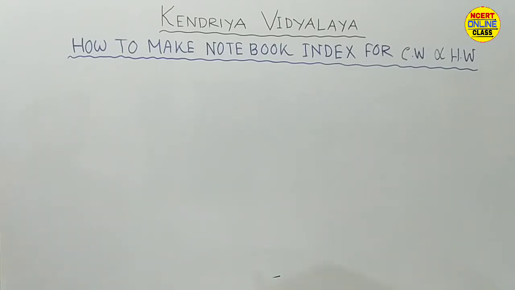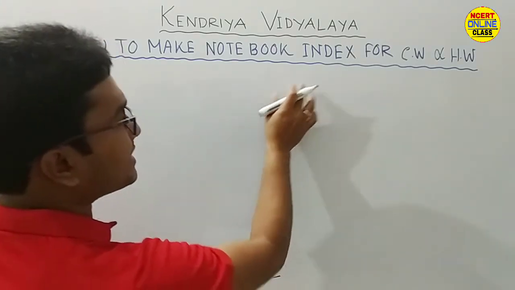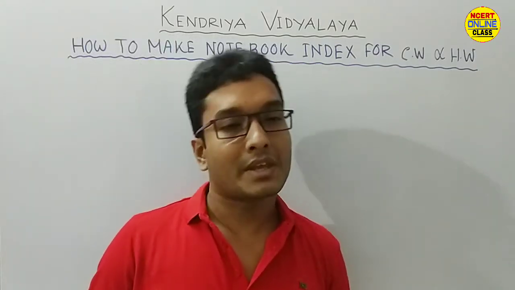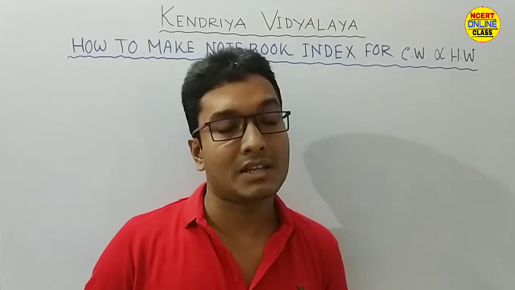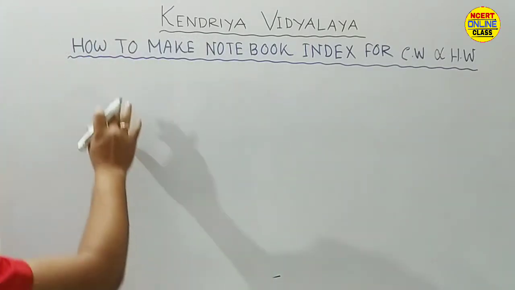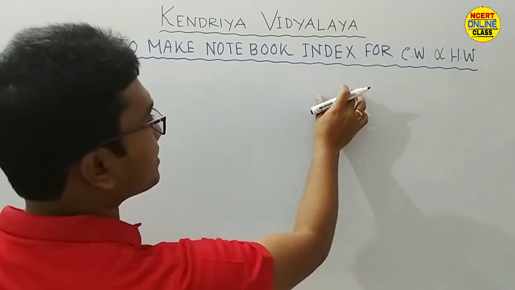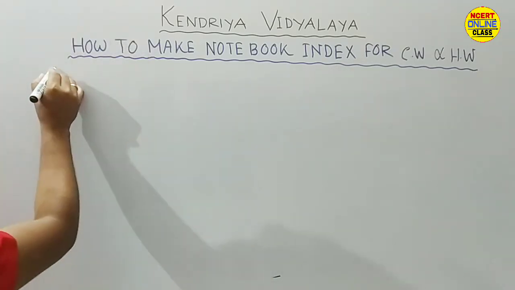At first, in your class copy, and this is for all subjects. All subjects means English, EVS, Math, and Hindi also. At first, in your class copy, make 8 pages like this.